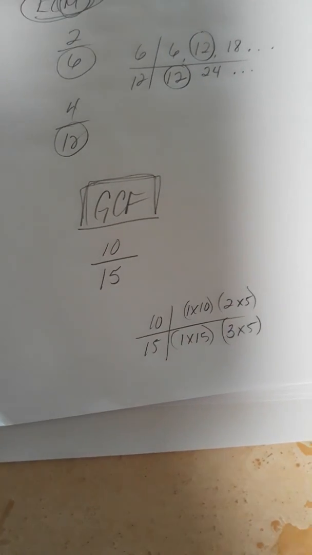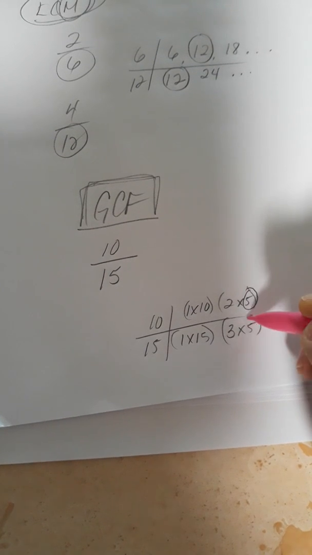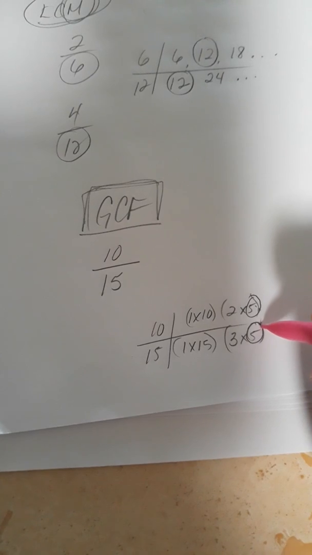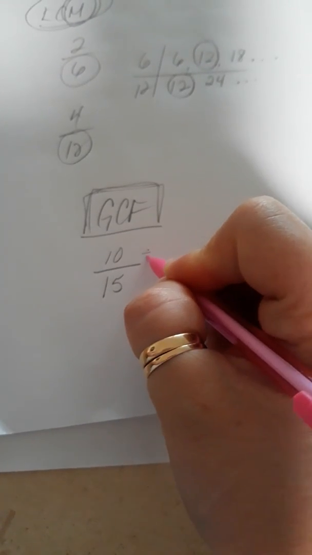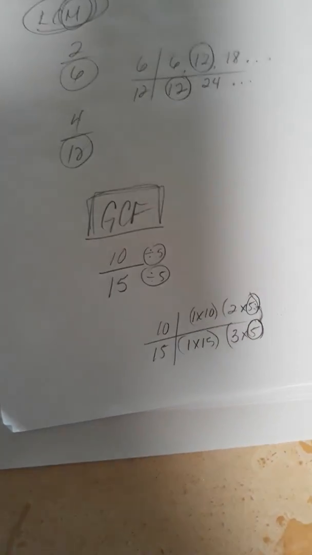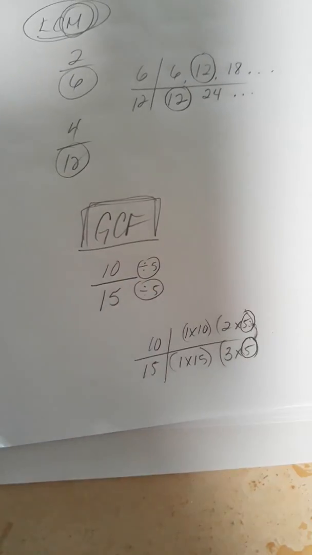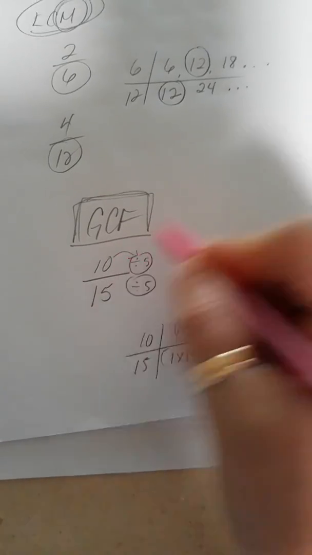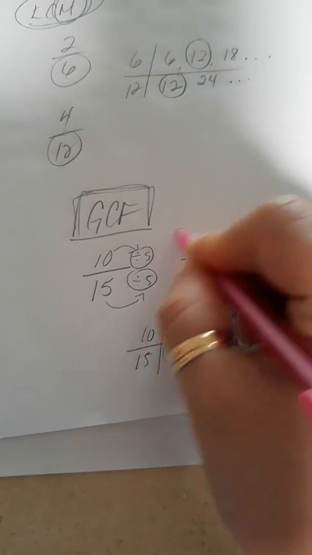Here, I'm going to circle the biggest factor they share. That's what I call the greatest common factor, the biggest common number that they share. This means that I'm going to divide by that number. The greatest common factor for 10 and 15 is 5. So I'm going to be dividing, and this is going to take me to the simplest fraction or reduced fraction. 10 divided by 5 is 2. 15 divided by 5 is 3.